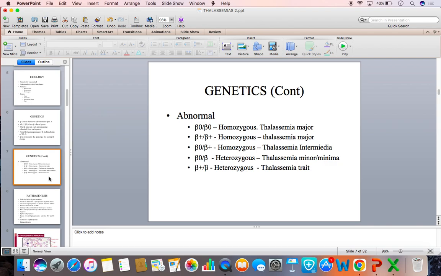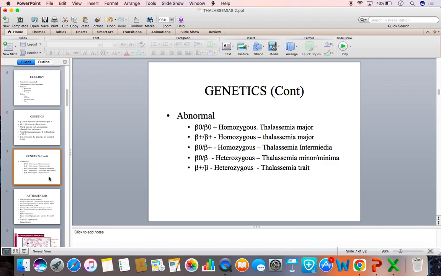Then beta 0 and beta plus, again homozygous. Homozygous because one globin chain is totally absent, another globin chain is in reduced quantity. Okay, so this is again homozygous with respect to the mutation of the genes.